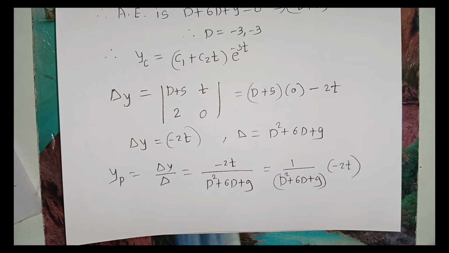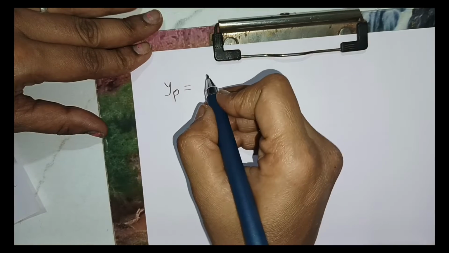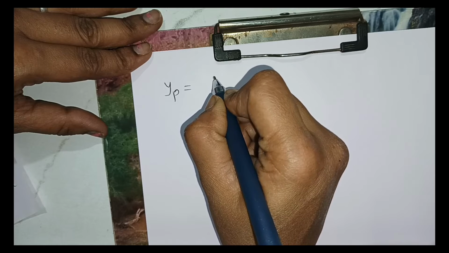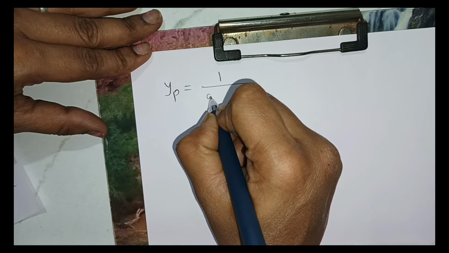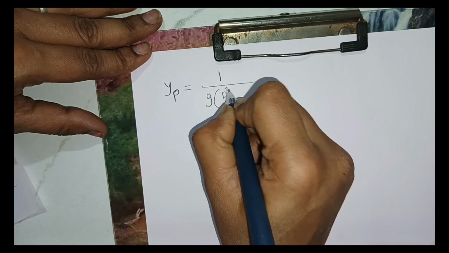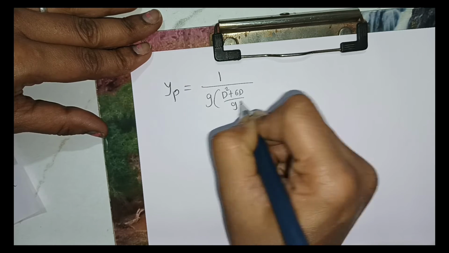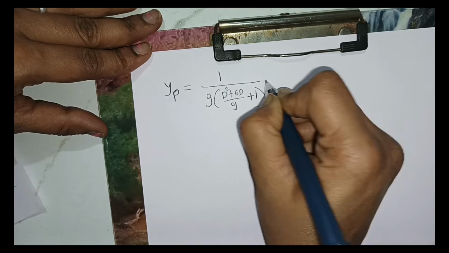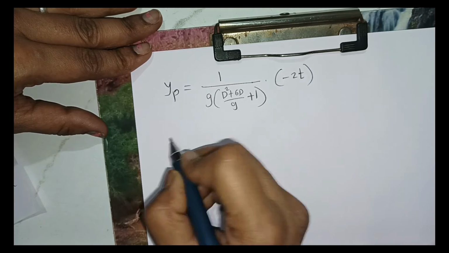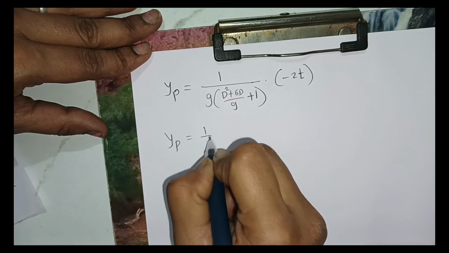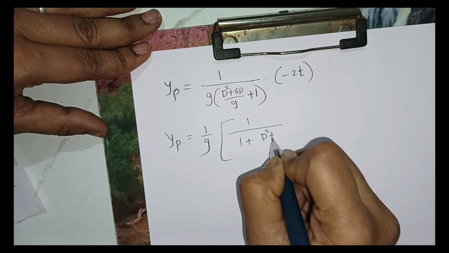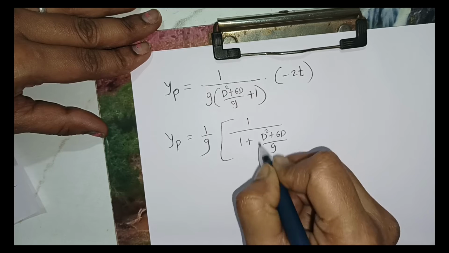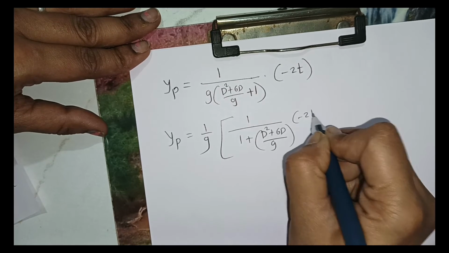Okay. So yp can be written as 1 upon 9 into bracket D square plus 6D by 9 plus 1 operating on minus 2t. So yp is equal to 1 by 9 times 1 by 1 plus (D square plus 6D by 9) operating on minus 2t.